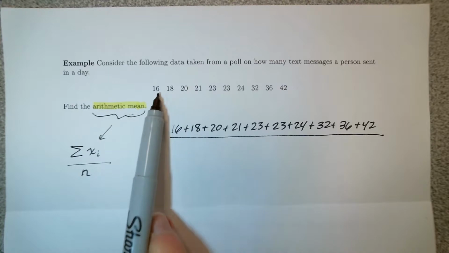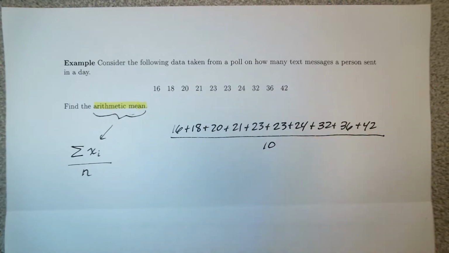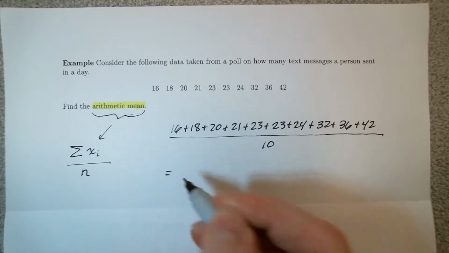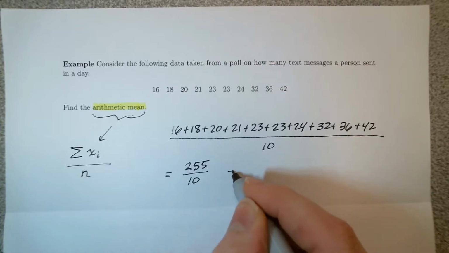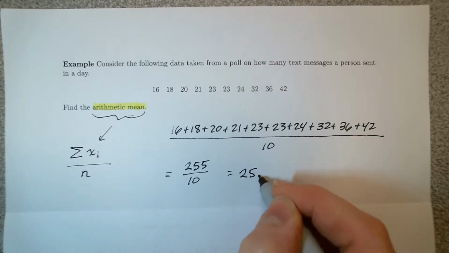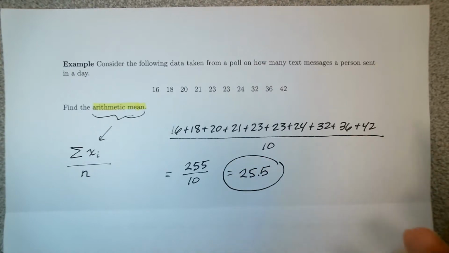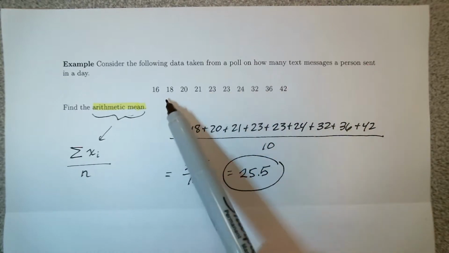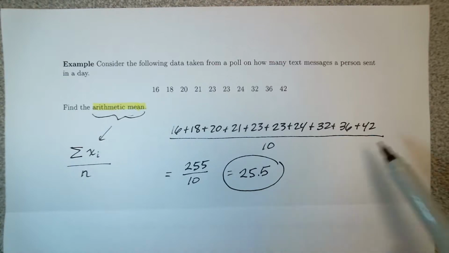We have 1, 2, 3, 4, 5, 6, 7, 8, 9, 10 data values. So the arithmetic mean for this data set is 25.5 exactly. On average, it looks like a person sends about 25.5 text messages.